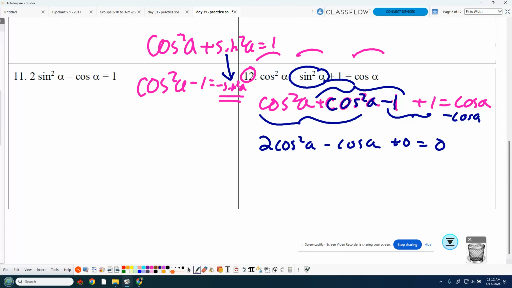You could do this all kinds of different ways. Alana, what's your point? What are you going to say? Do I need this plus 0? No. But combining all the like terms, like Eliza said, cosine squared plus cosine squared is 2 cosine squared. Negative 1 plus negative 1 plus 1 goes to 0. And because I want to stop you from dividing by cosine, move this to the other side. Don't divide by cosine because cosine can be 0 and that's some of the answers.